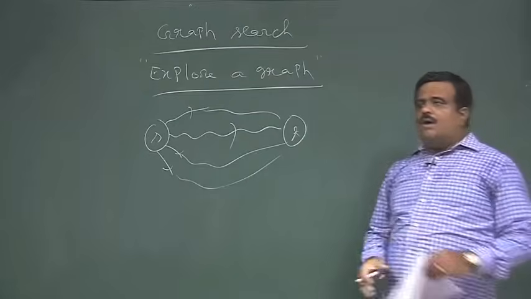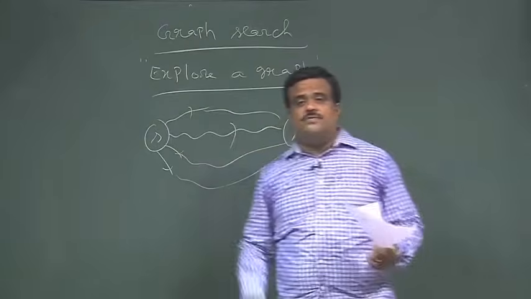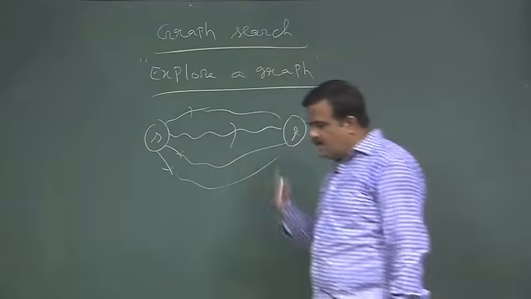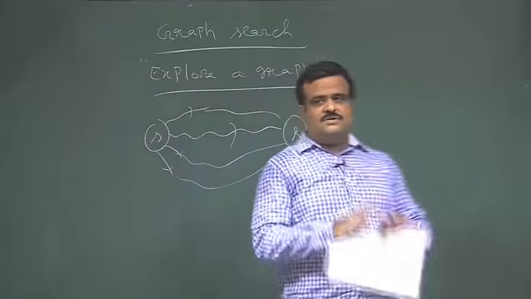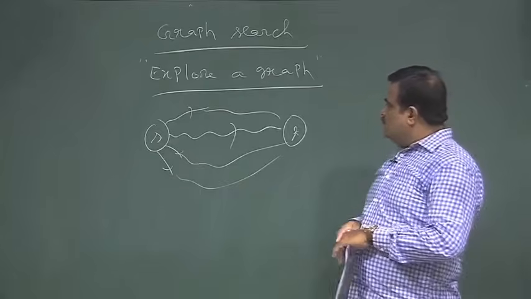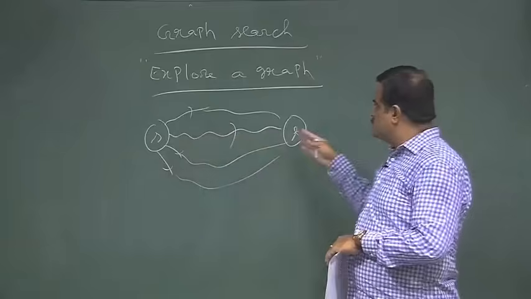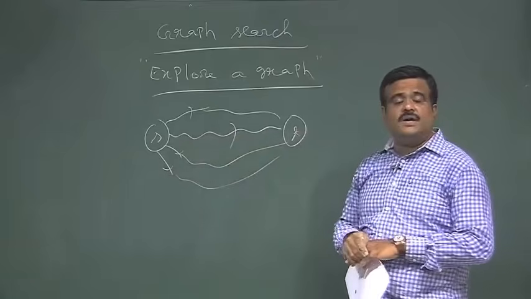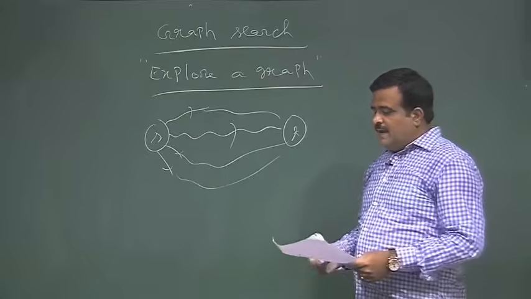Or maybe we want to find the shortest path from S to T. The shortest path will come with the weight, though we may not have weights in a graph. So, we have a given graph and we want to explore it. This is one way we can find the path from a source vertex to another vertex. We may need to find all the paths from a source vertex to another vertex.